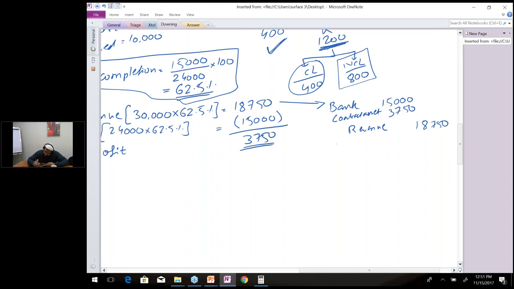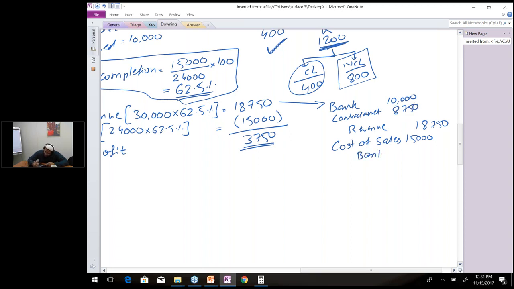And similarly, the entry to record the cost of sales is going to be cost of sales debit by 15,000. Okay, sorry, the cash that we have received from the customer is 10,000 actually. So the contract asset is 8,750.